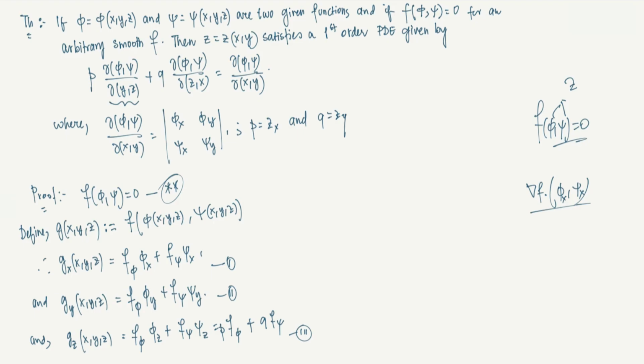Okay, so if you put all of this together, what you are going to get is f phi times (phi x plus p phi z) plus f psi times (psi x plus p psi z) is equal to 0. I should get this thing.